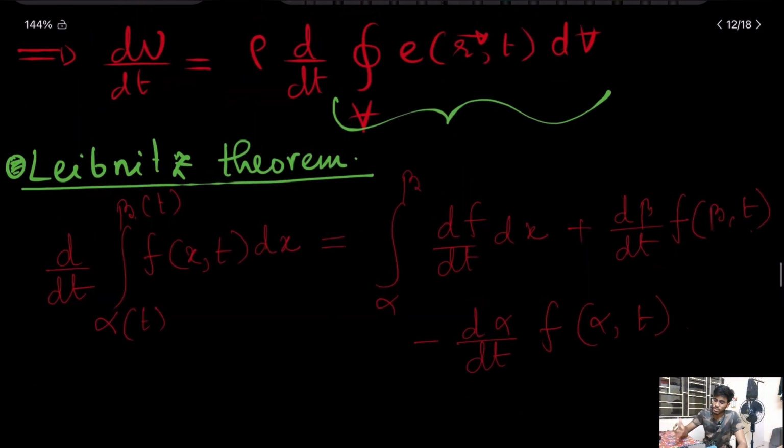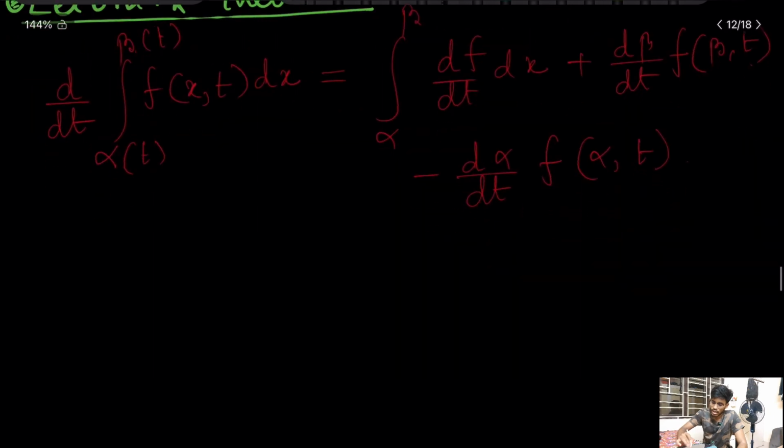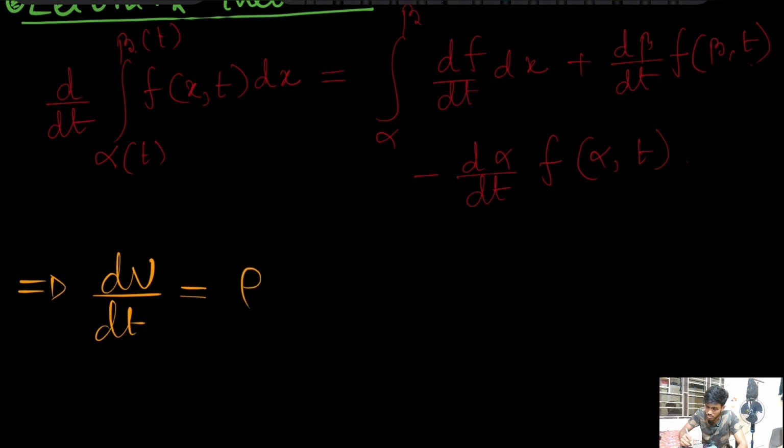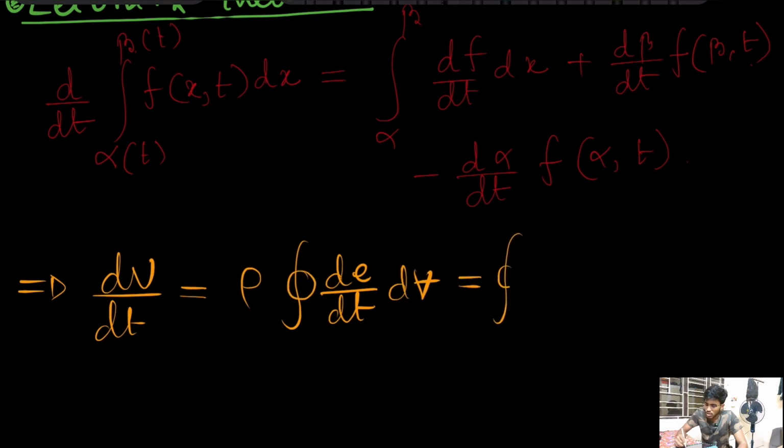So now this becomes du/dt is equal to rho integral of de/dt dV. I can also take this rho inside the control volume.